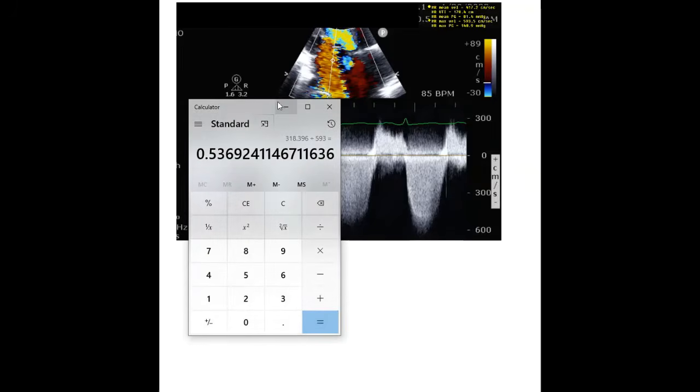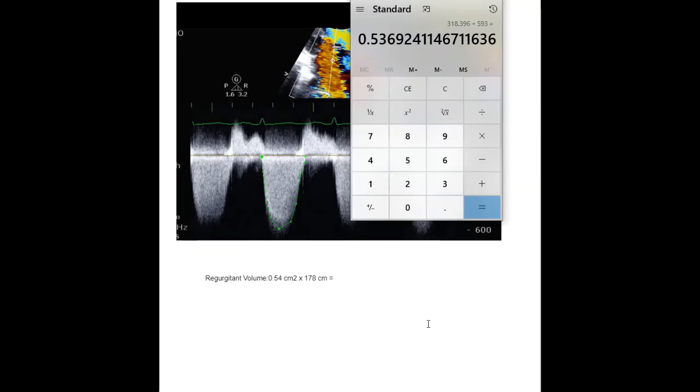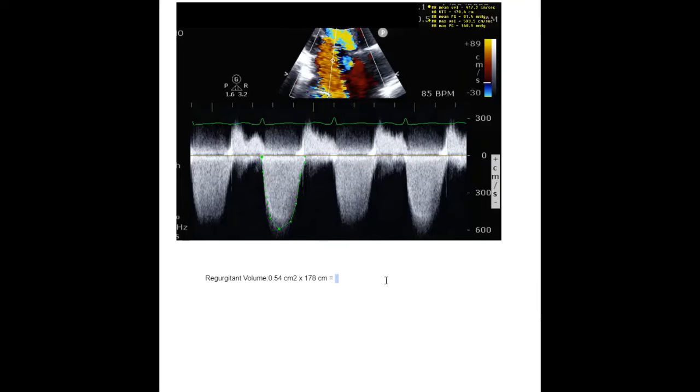I had a chemistry teacher that was very much a stickler on significant figures, so we'll try to abide and not use this whole big number. So 0.54 times 78. It comes out to a regurgitant volume of 96 centimeters cubed, or milliliters.